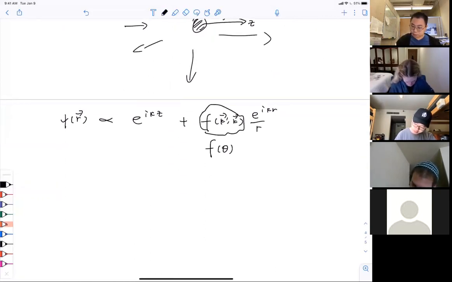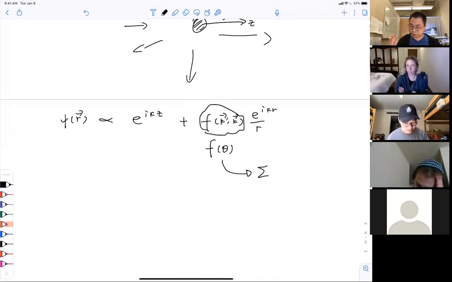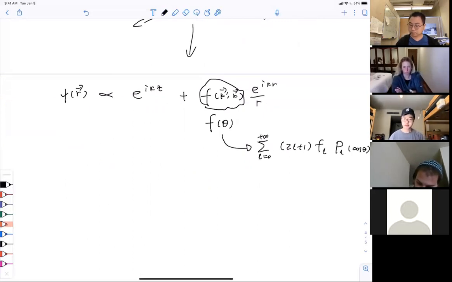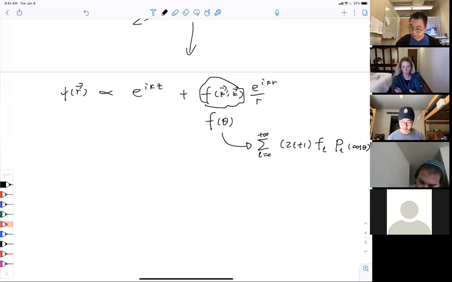Now, as we mentioned before, we can also expand, or decompose, this f(θ) function into different sectors labeled by the quantum number L, sum from L equals 0 to infinity, with 2L plus 1. This 2L plus 1 is just for convenience. Something like this.